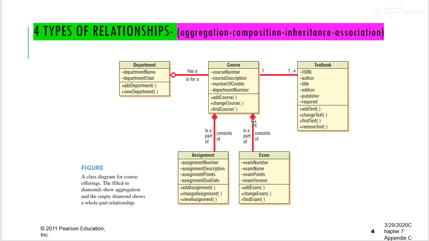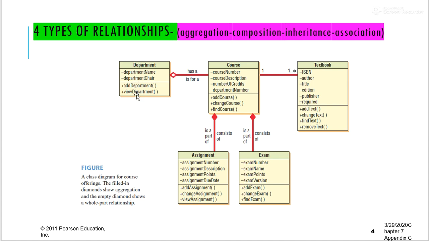We represent it with a filled diamond symbol, we call it composition. A strong entity, however, can exist on its own. We have an unfilled diamond symbol, which is used for the strong entity. In this case, we call it aggregation in the case of class diagram.